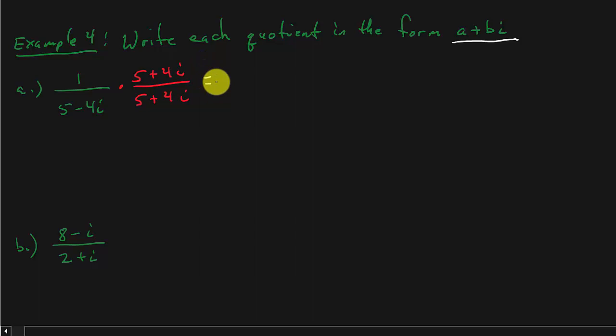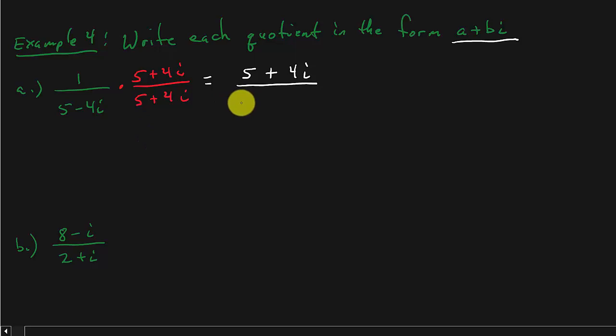All right. So let's multiply the numerators together, multiply denominators together. Here I'm going to distribute the 1. So 1 times 5 is 5. 1 times 4i is 4i. So there's my numerator. Now, when we multiply the denominators, remember, that's just a squared plus b squared, like I did in that previous problem.